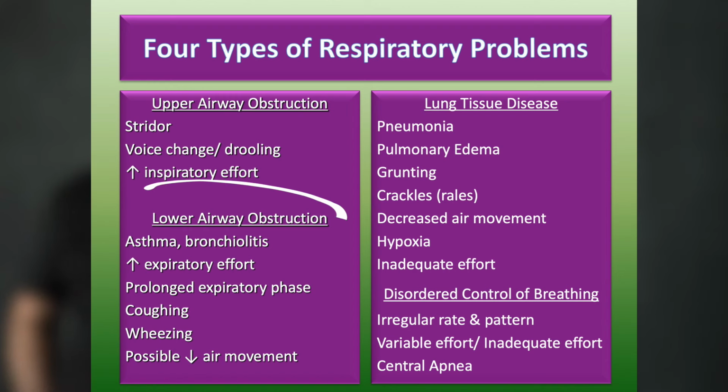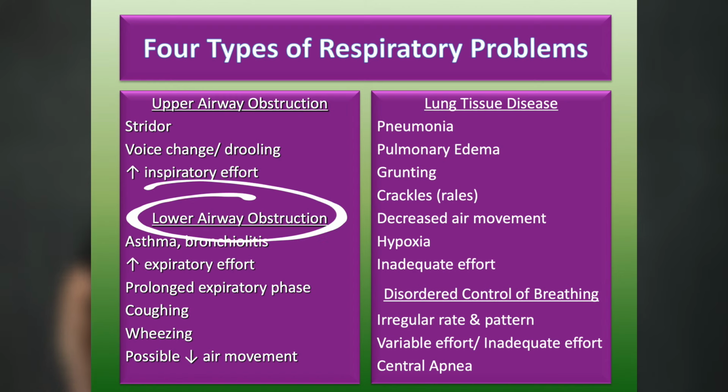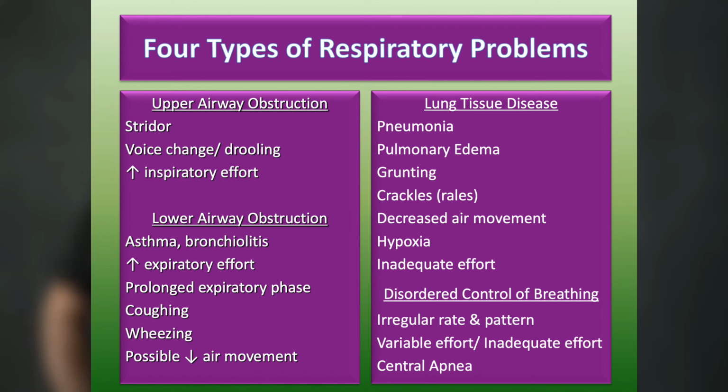If we look at lower airway obstruction, which is going to be into the lungs, we see things like asthma or bronchiolitis. They have an increased expiratory effort with a prolonged expiratory phase. There might be coughing or wheezing, and we might have decreased air movement or decreased lung sounds all over.